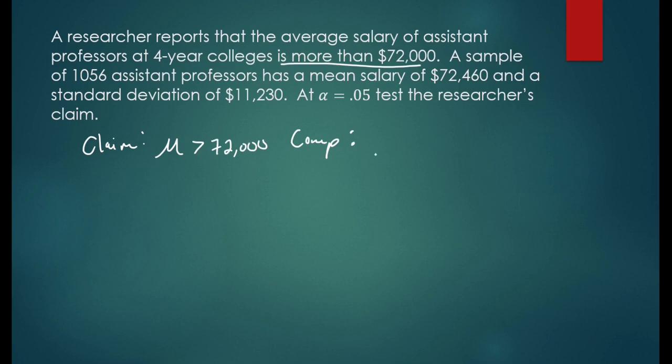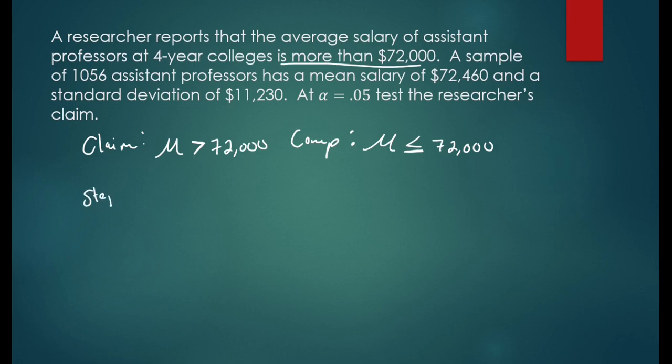The complement to this is the opposite, so the mean is less than or equal to 72,000. Notice that the claim does not have the equal symbol, so the complement must have the equal symbol. They have to be opposites of each other.